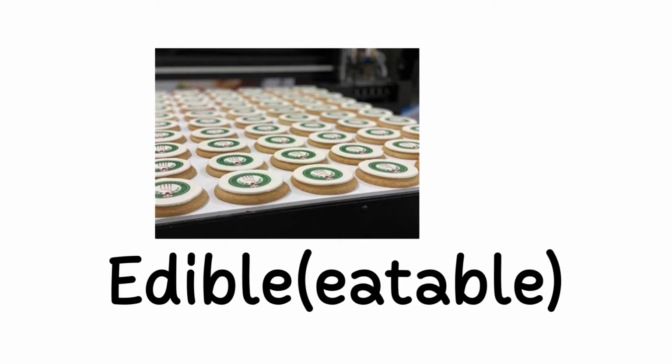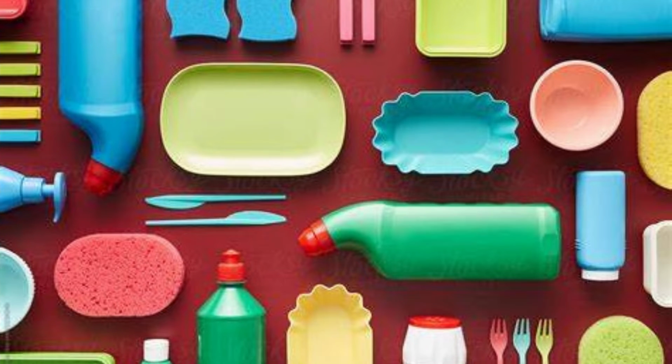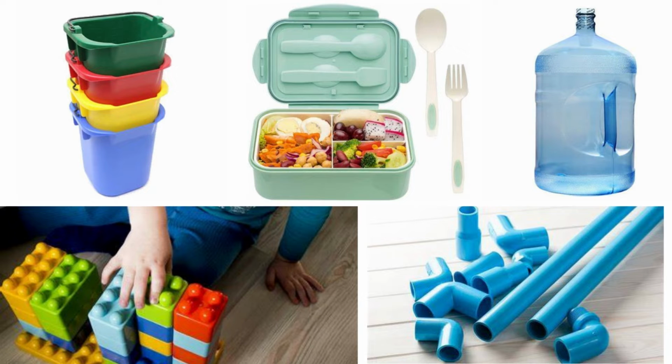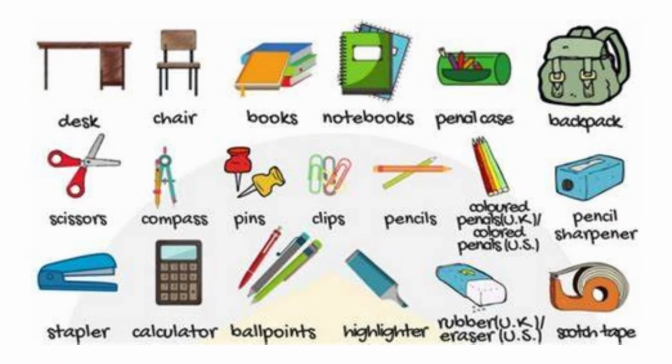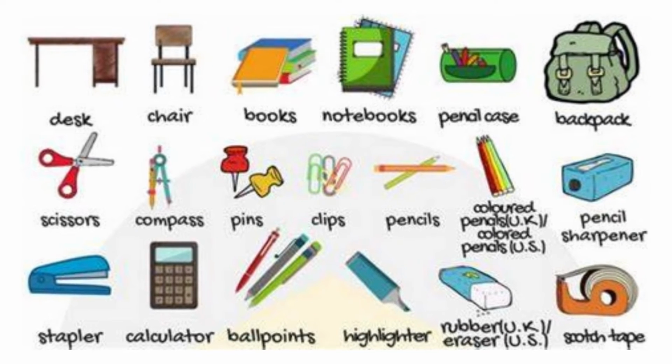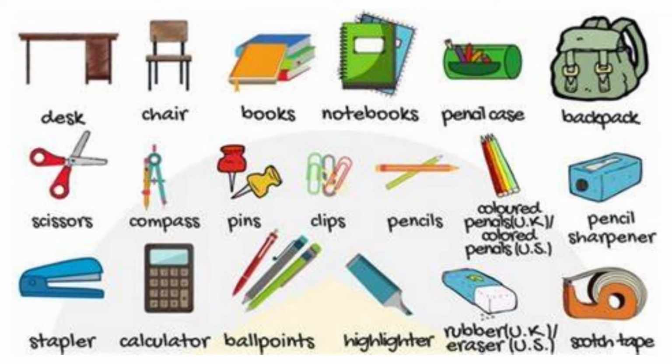Suppose we were looking for objects that are edible. Let us say we wish to make a group of objects that are made of plastics. Buckets, lunch boxes, toys, water containers, pipes, and many such objects may find a place in this group.